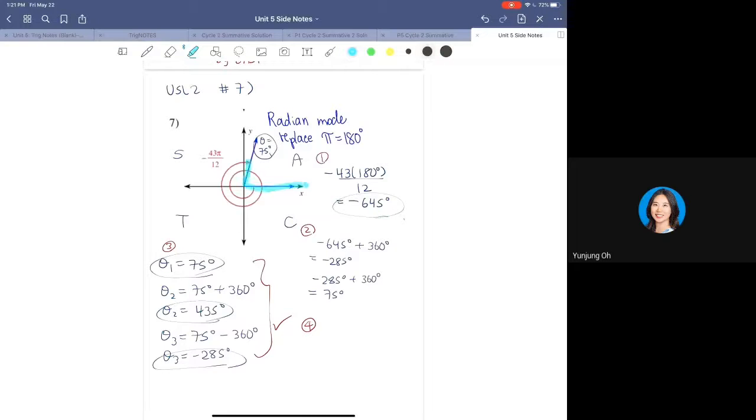That means my sine, cosine, and tangent are all positive. So sine is my y, so my y is positive, cosine is my x, so my x is positive, and tangent is my slope, so my slope is positive.